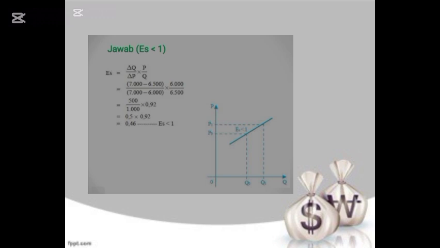Delta P: 7,000 minus 6,000 is 1,000. P, 6,000 divided by Q, 6,500 is 0.92. 500 divided by 1,000 is 0.5. 0.5 times 0.92 is 0.46. So we can see the inelastic supply curve, ES is less than 1.